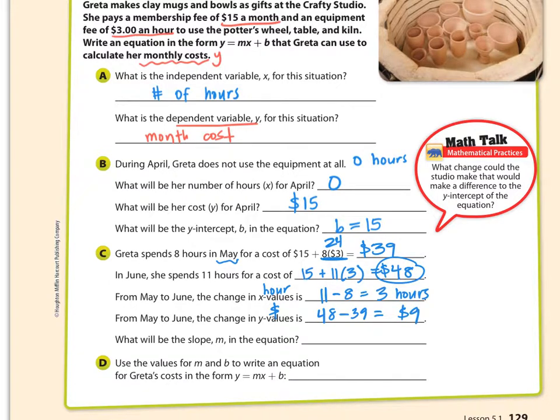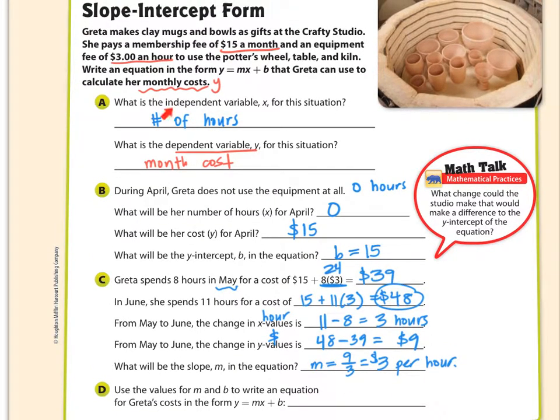Okay, so the slope is the change in y. So m, the change in y was 9, divided by the change in x, which is 3, and that gives us 3. And this means $3 per hour. Yes, they made us do all of that work when, remember, in the original problem, if you look up at the top, $3 an hour, it tells us right there.